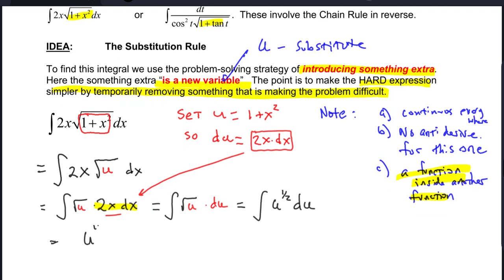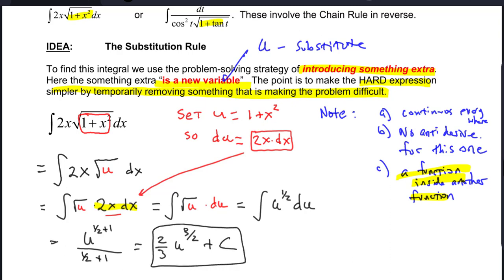We're going to have u to the 1/2 plus 1, and we're going to divide by that new coefficient, 1/2 plus 1. You wouldn't have to write that down. You might be able to jump right to the answer. But 1/2 plus 1 is 3/2, times by that reciprocal. We're going to get 2/3 u to the 3/2 power plus c. We got the integral done.